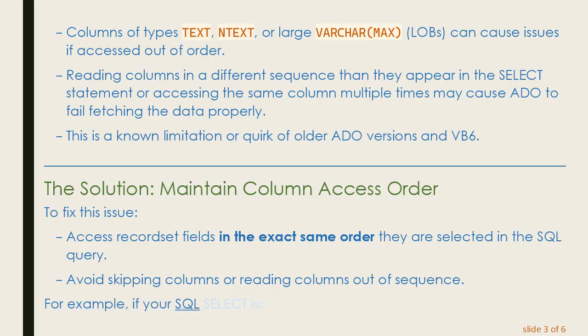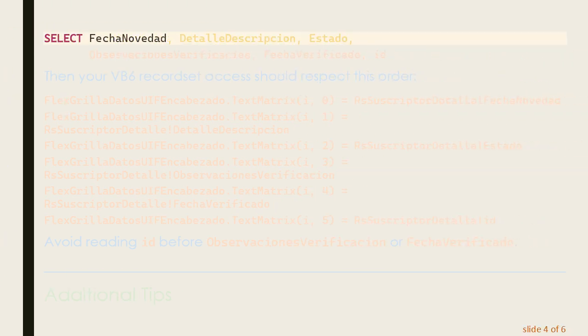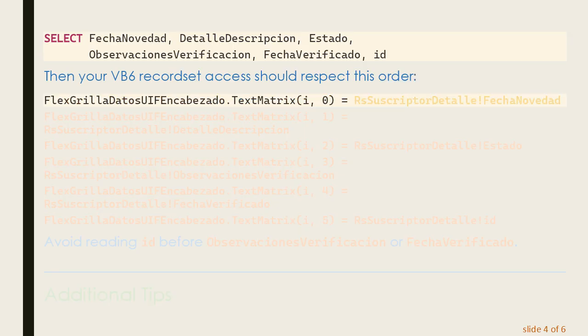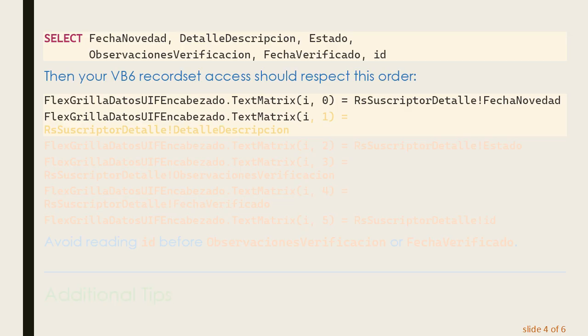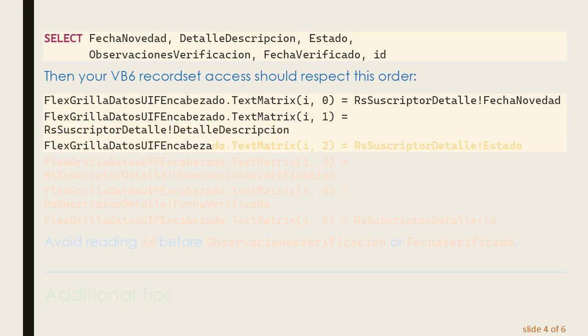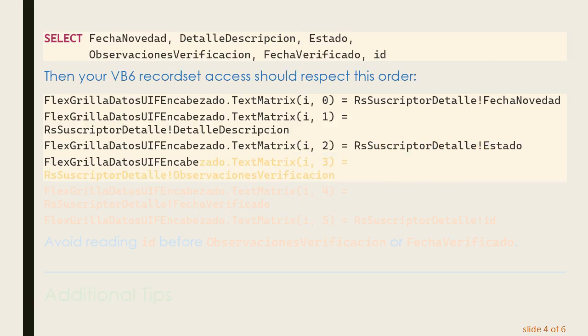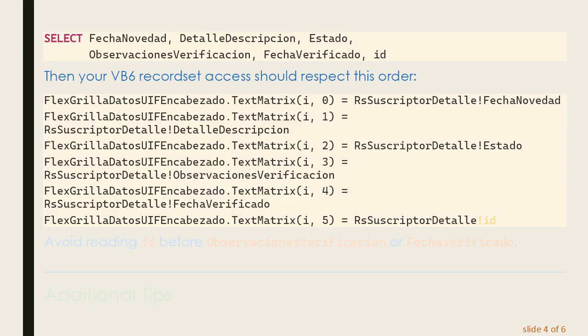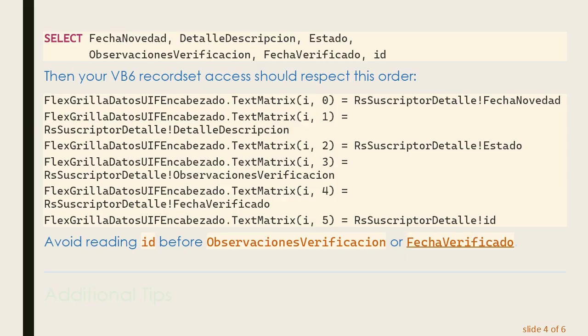For example, if your SQL select is as shown, then your VB6 recordset access should respect this order. Avoid reading ID before observaciones verificación or fecha verificado.